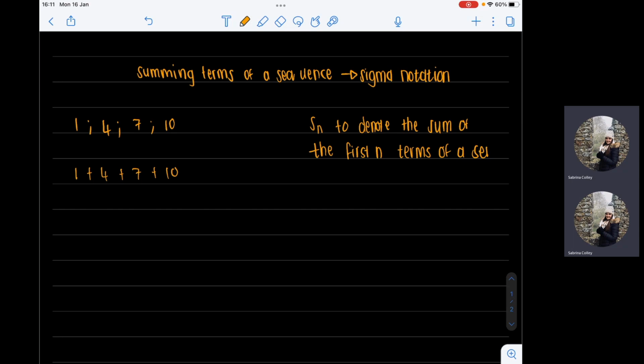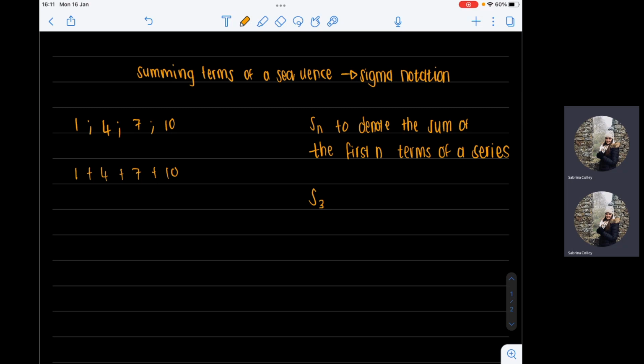So remember, we use n to say a general number. Like I was saying, if I want to know the sum of the first 3 terms, I would say S3. So that S3 just tells me I want to know the sum of the first 3 terms.